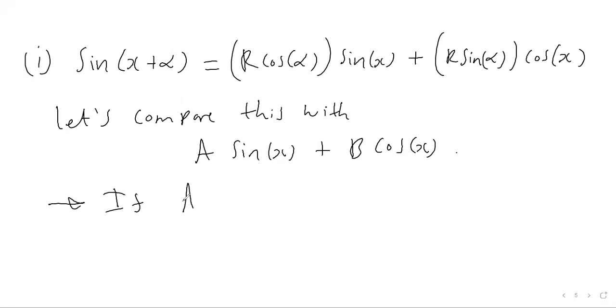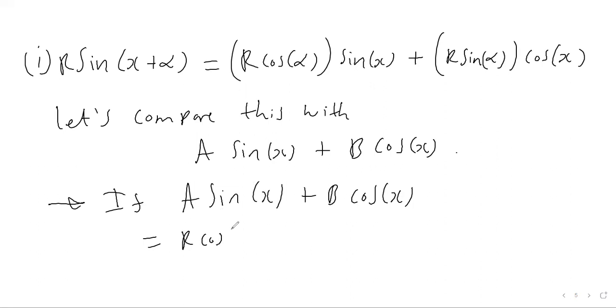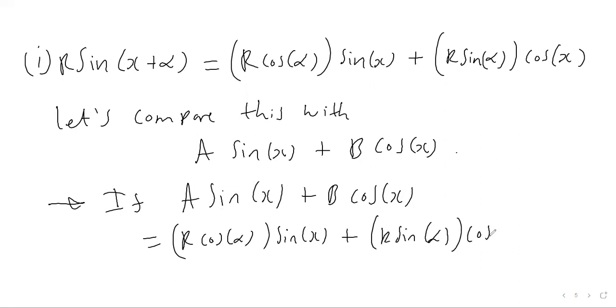So if a sine x plus b cos x is equal to this r sine x plus alpha, which is this here, then it's equal to r cos alpha times sine x plus r sine alpha times cos x.